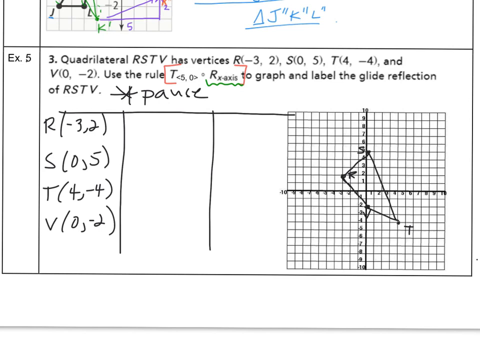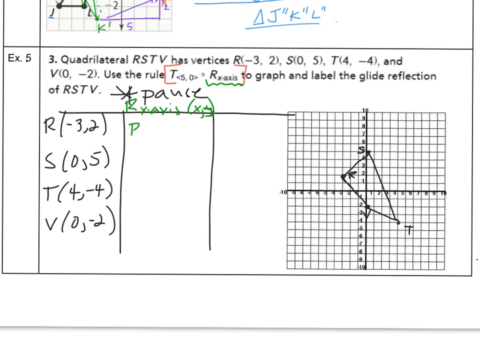If we reflect over the x-axis, which is the same as y equals 0 again, the rule to reflect over the x-axis is we simply change the coordinate for y. We just make it the opposite sign.